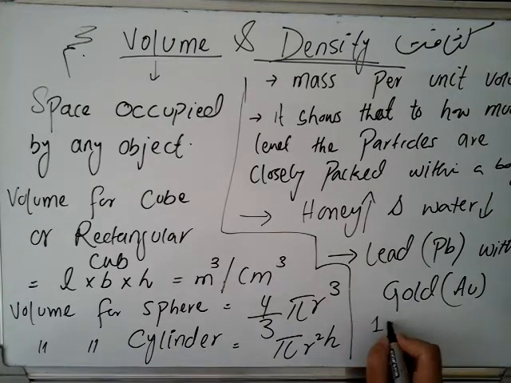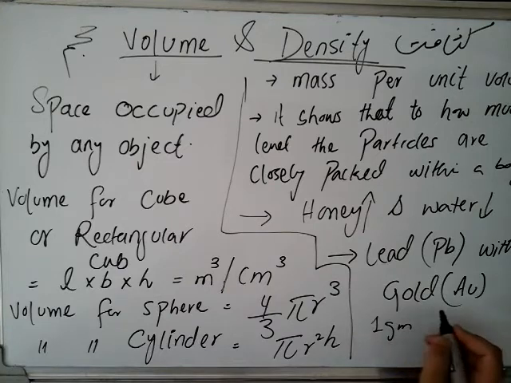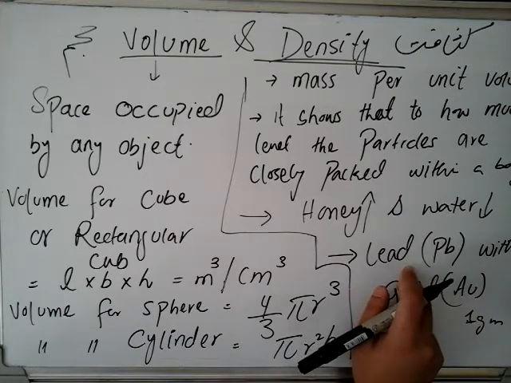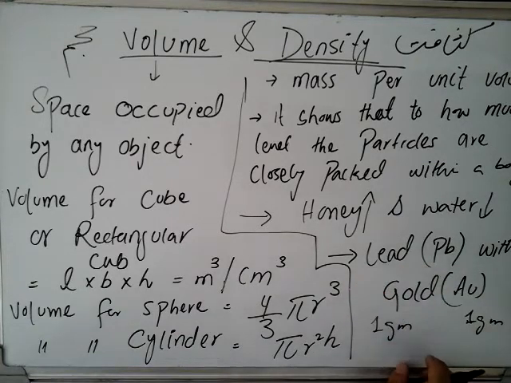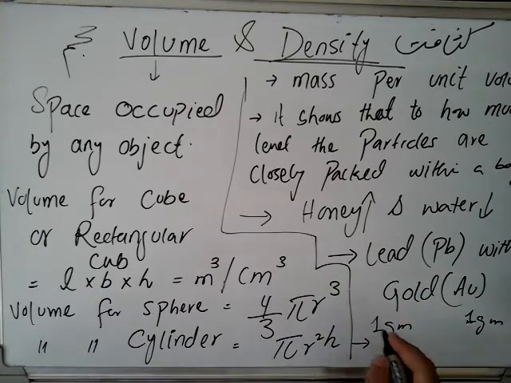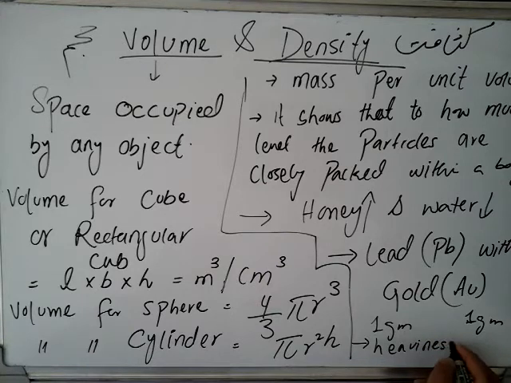If we take 1 gram of lead and compare it with 1 gram of gold, lead will be heavier. Why? Because the particles of the lead are more closely packed together. So we can say that density also shows the heaviness of a body.